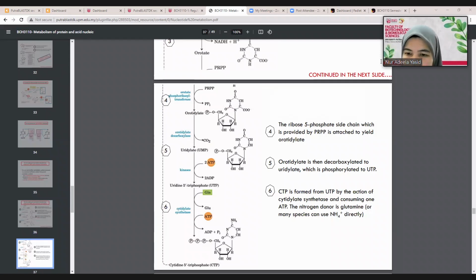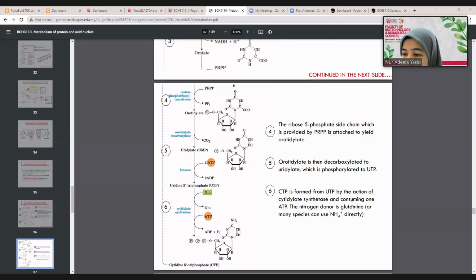Alright. So from UMP, from monophosphate, it undergoes two phosphorylation steps to form UTP. And from UTP, it can undergo another reaction to form CTP. So it has the addition of an amino group from glutamine, and it is also powered by ATP hydrolysis, to form this CTP, cytidine triphosphate.